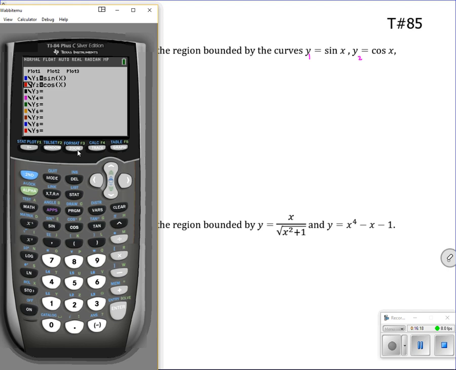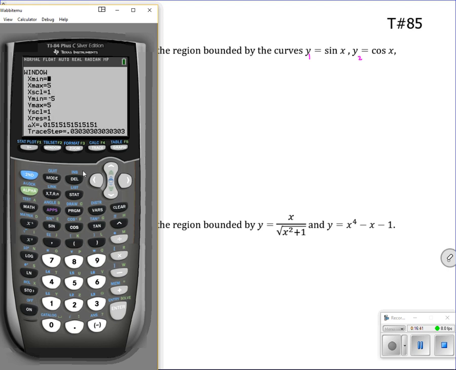Now I am going to, again, look at this graph. Notice it said x equals 0 and x equals pi over 2. So if I think about those graphs, if I'm cutting it off at pi over 2, I really don't need to look beyond that because that's going to be a bound.